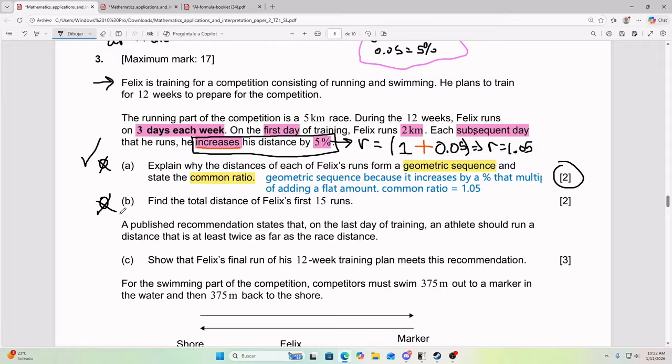Part B says find the total distance of Felix's first 15 runs. Here it says total distance, that's already one hint, and the next hint is that they're talking about 15 runs. Now, I have two formulas, since we're talking about geometric.